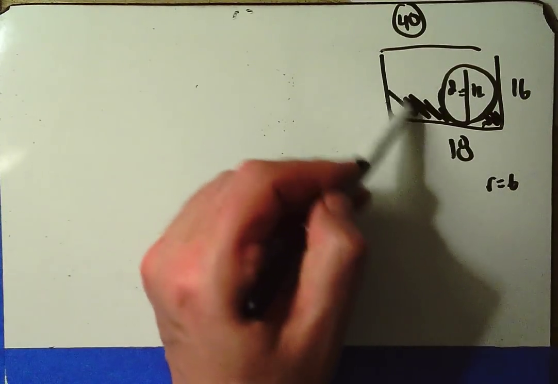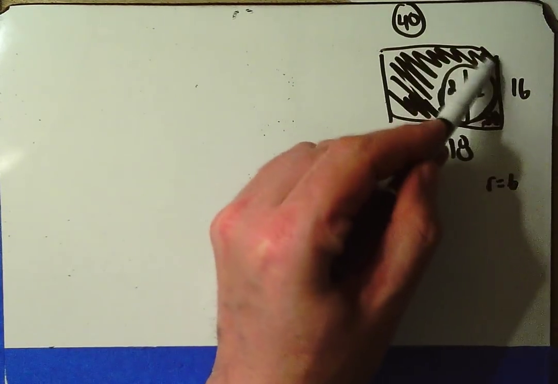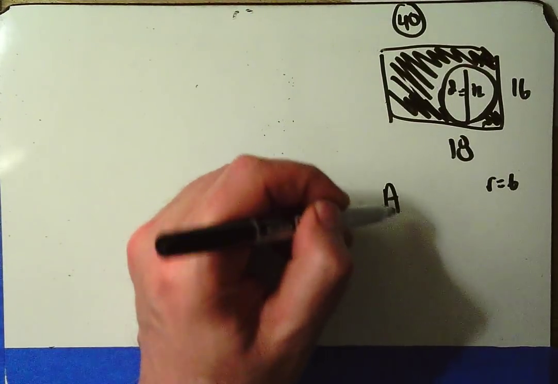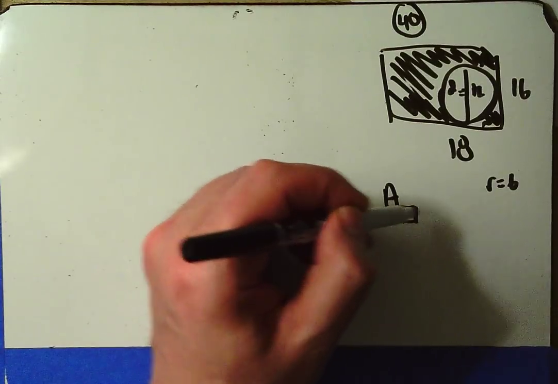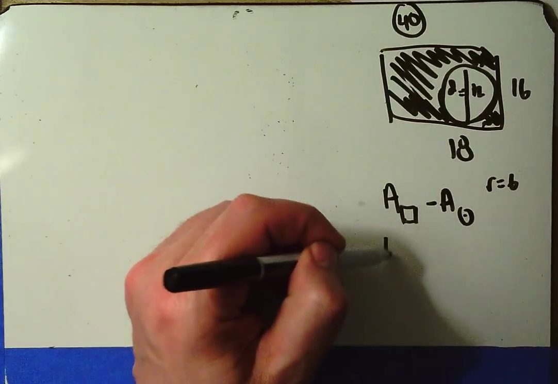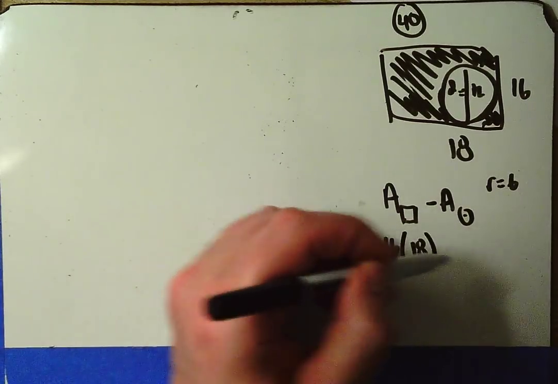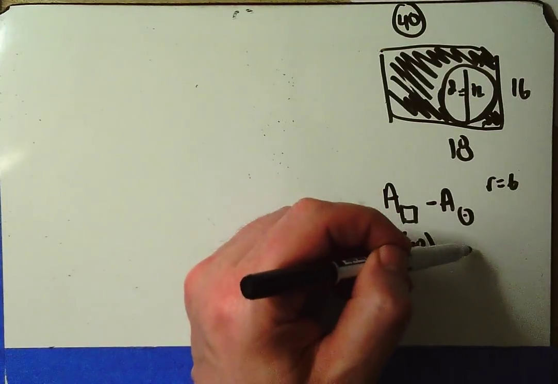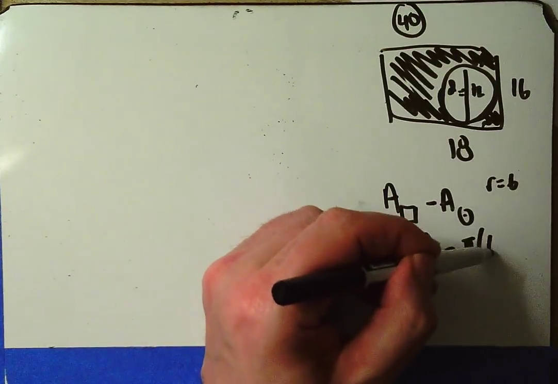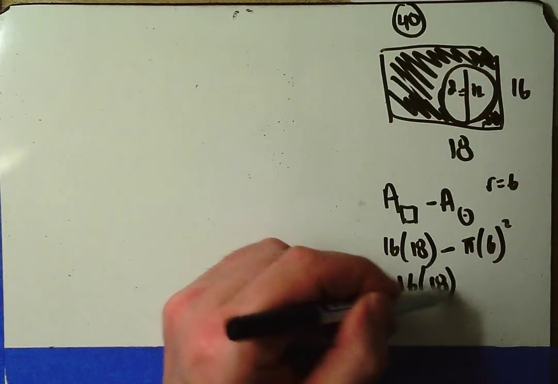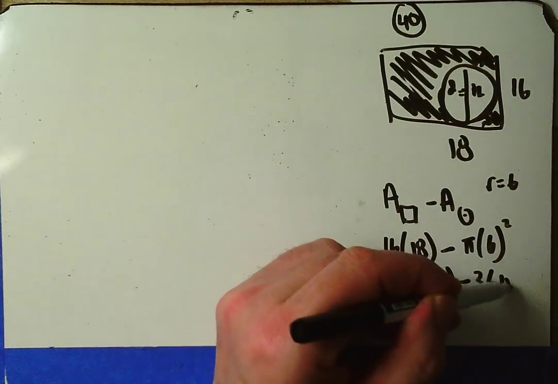So here's the bare floor. That's the area of the rectangle minus the area of the circle, which is 16 times 18 minus pi r squared, or pi times 6 squared. So 16 times 18 minus 36 pi.